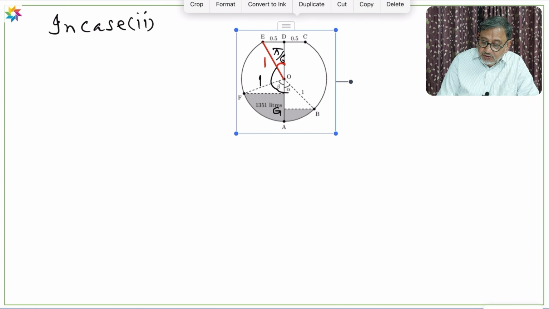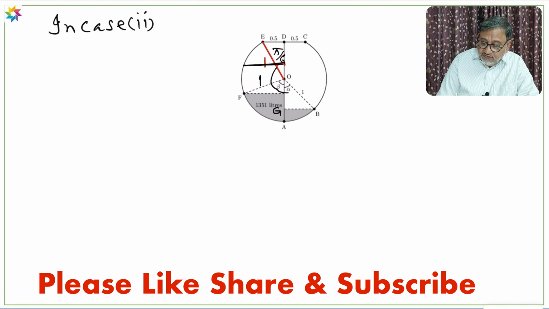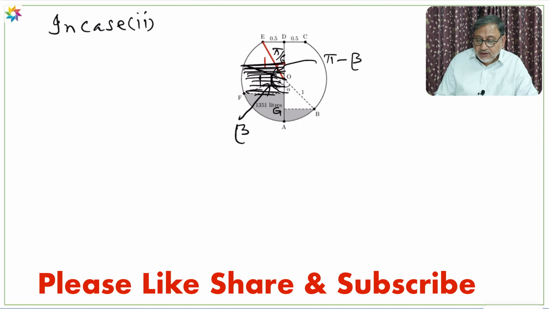Suppose the water level is here, up to this, if it is filled, then this will give us pi minus beta, because this angle will be beta, right? In that case, this angle will be beta and the internal angle will be pi minus beta. Is that clear to you?